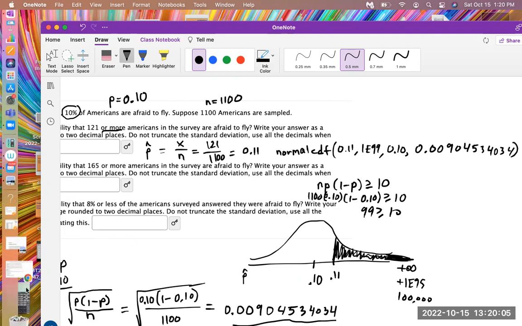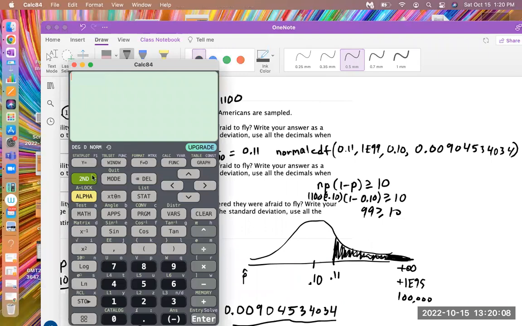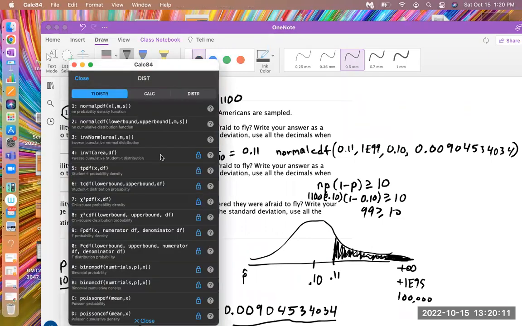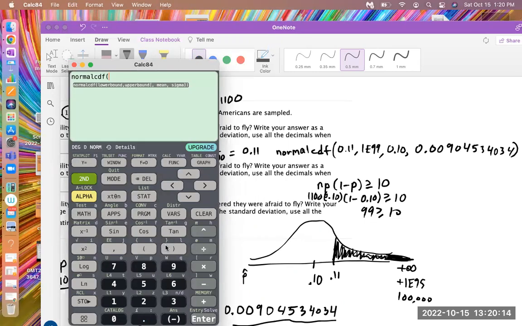That's what I put into my calculator here. Second, VARS, and then normal CDF. My lower bound, 0.11, comma, 1E99, comma, 0.1, and then 0.009045 and the rest of the decimals.